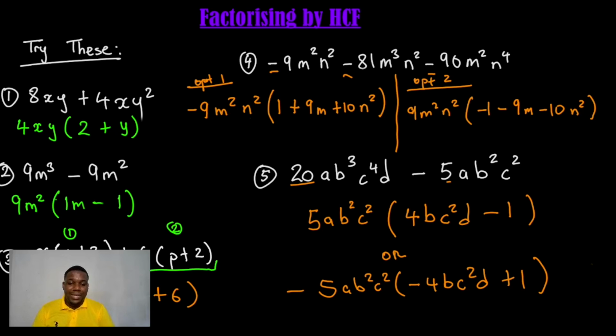It would be negative 4BC squared D. And instead of having a minus 1, you would have a plus 1. Because remember, when we multiply the highest common factor by each of the terms inside of the bracket, you must get back our original expression, which is 20AB cubed C to the 4th power D minus 5AB squared C squared.